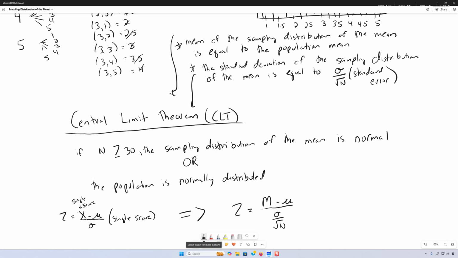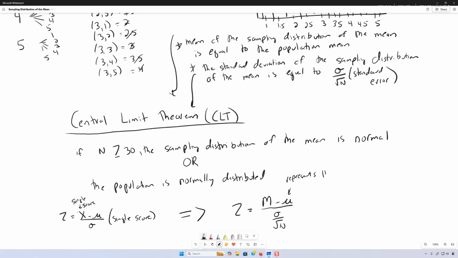So with the single score, we're comparing Z to that table, right? But that represents a single value. So we're always dividing by the standard deviation of the population. With the sample, we're looking at a mean, comparing that to the population mean that represents the null hypothesis, right? This represents the null.